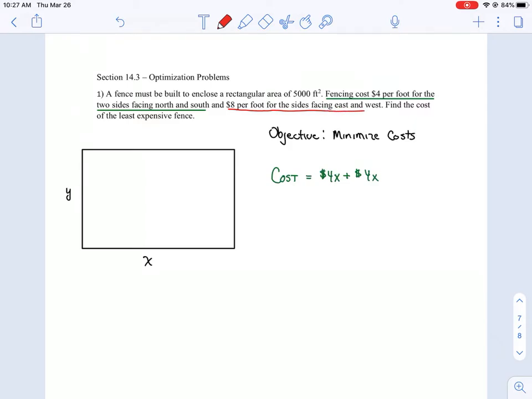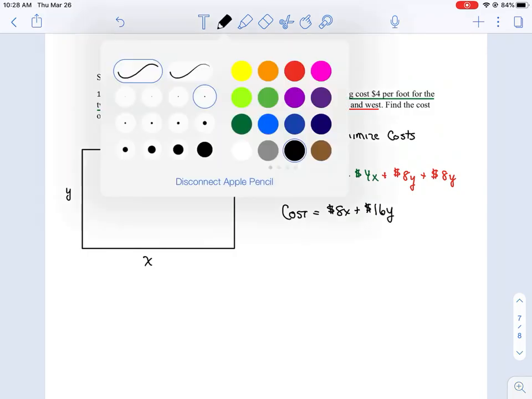The problem states that fencing costs $8 per foot for the fencing facing east and west. So over here, we're going to write 8y for the total cost for the sides of the fence facing east-west. And if we combine like terms, the cost function is 8x plus 16y.